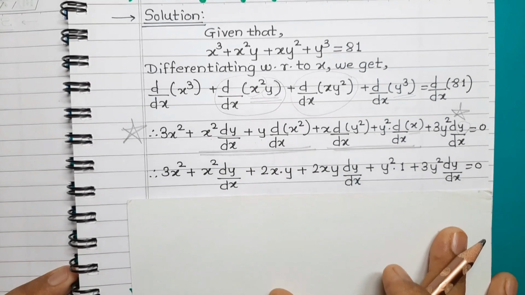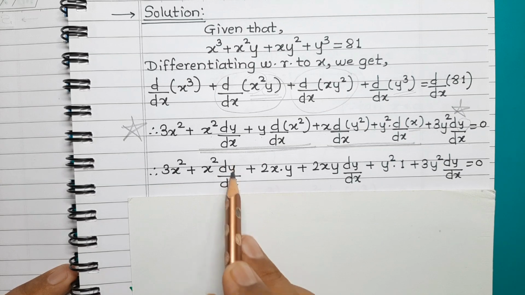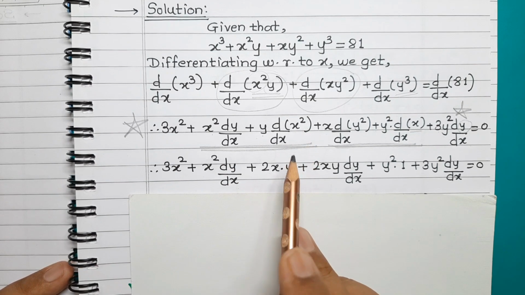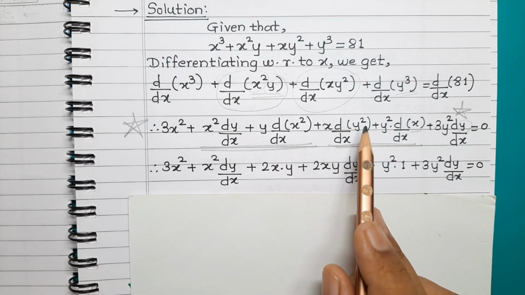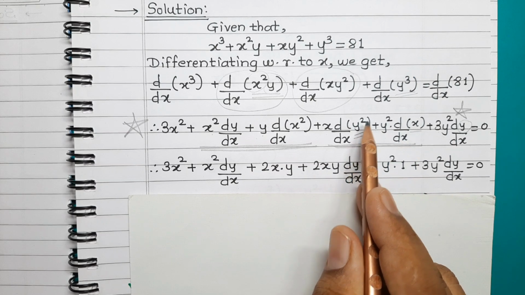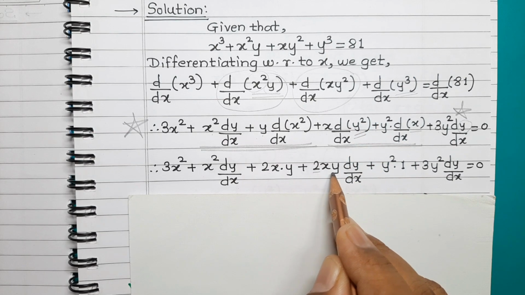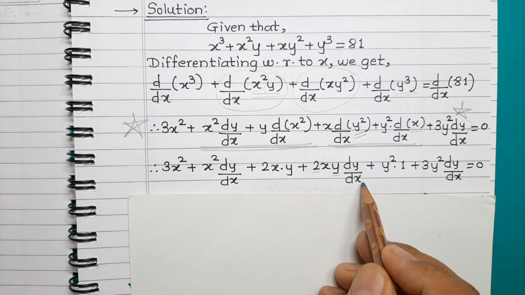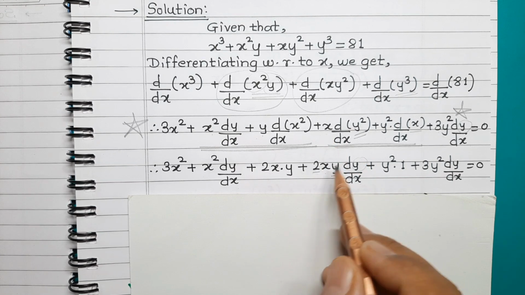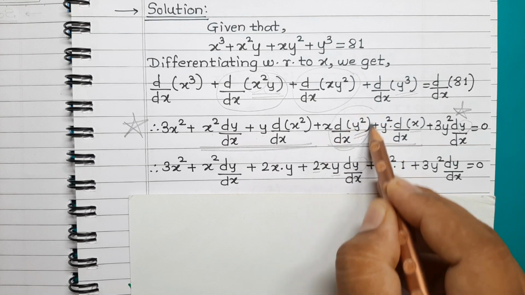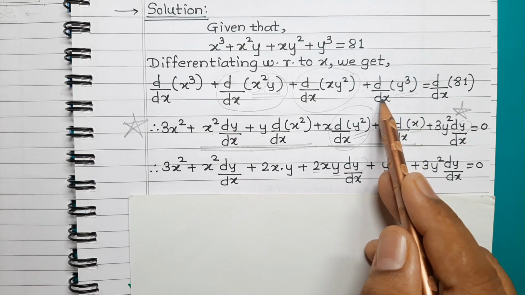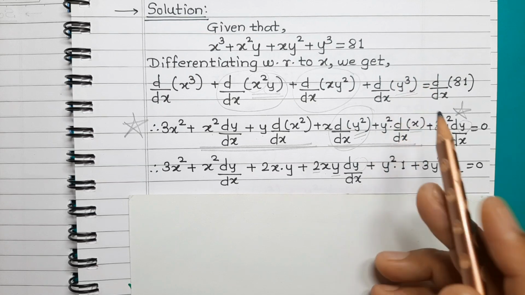So we have 3x square plus x square dy by dx plus, see, the derivative of x square is 2x, so we have 2xy, plus the derivative of y square is, again note here that it is something square, so its derivative is 2 into something into the derivative of something, which is the function y, and x as it is. So you note this derivative properly. Again here we have used the same technique that we used in finding the derivative of y cube.